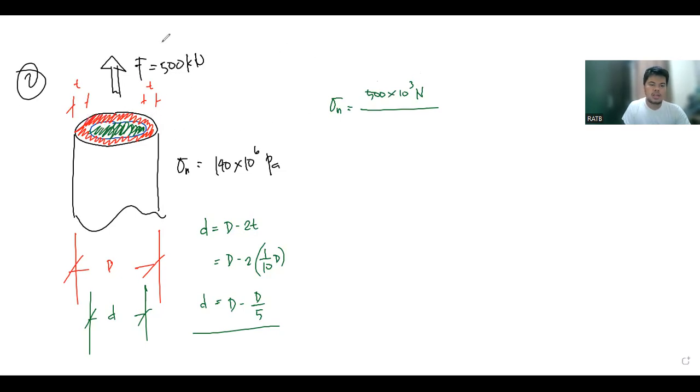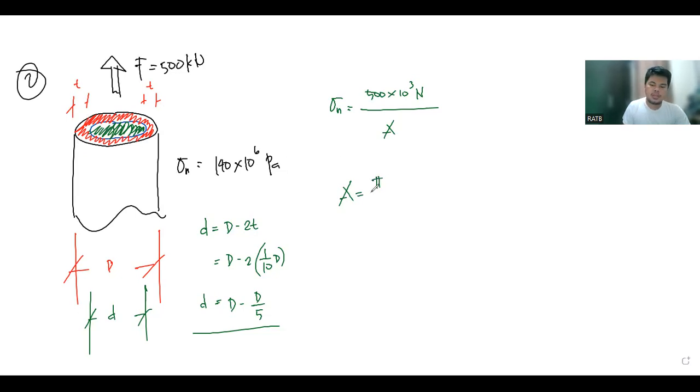That's the only area that we are going to consider. So the area can be represented by the area of the bigger circle.